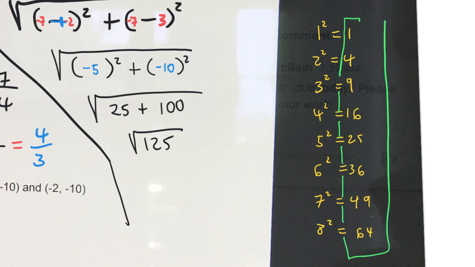These numbers here are called perfect squares. And the reason they're called perfect squares is because each of these numbers is the result of squaring another number. It's really helpful to be familiar with at least the first few perfect squares. I mean, the next one would be 9 squared, which is 81. So 81 is a perfect square too.